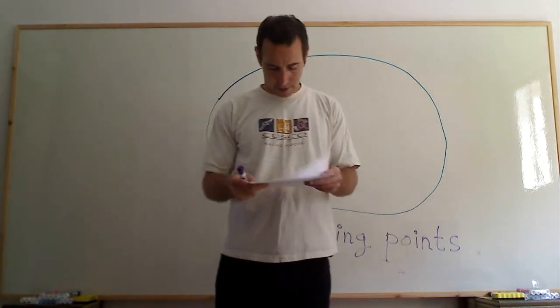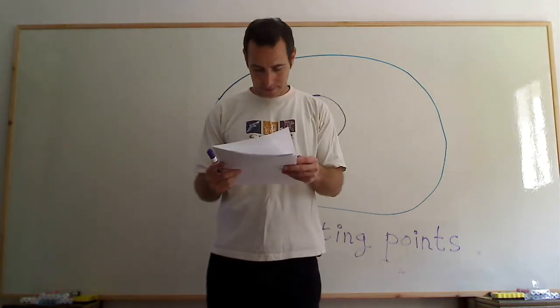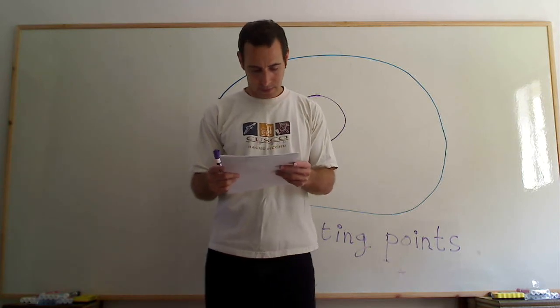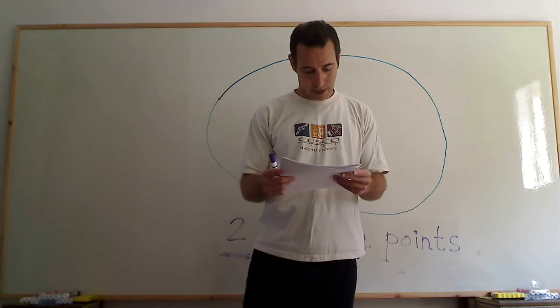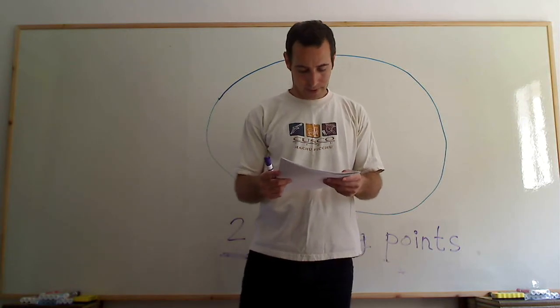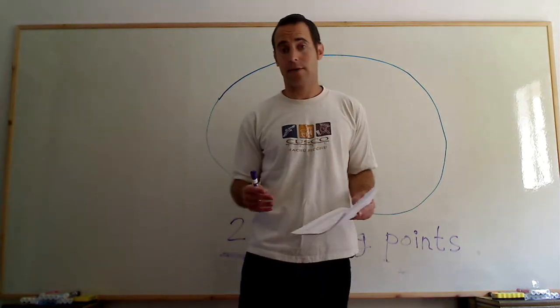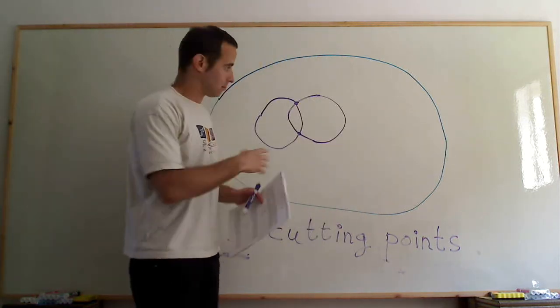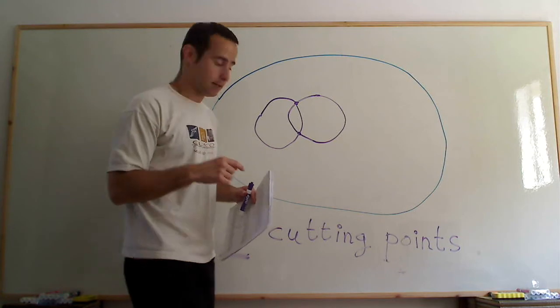Okay. Now if we have a shape like the donut, not simply connected, now it's a shape with a hole inside.